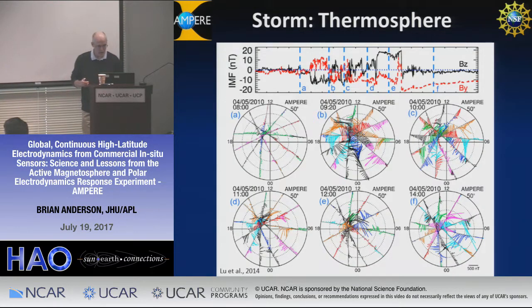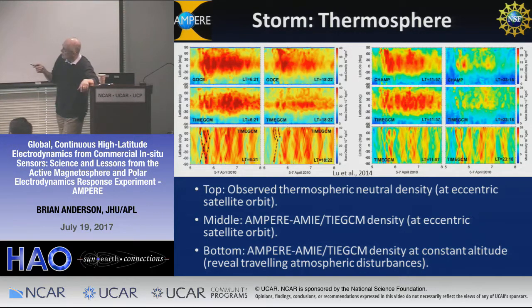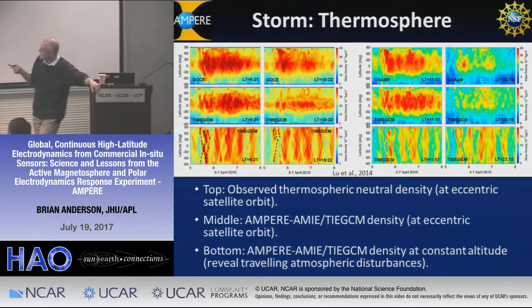This is some work that Gang Lu did, where she was taking the AMPERE data and then assimilating it into AMI for this geomagnetic storm, which is April 4-5, 2010, I believe, or 5-6, 2010. The really cool thing about this, and sorry I'm skipping over this, is that she actually ran the thermosphere models for this and compared the densities actually observed on the GOCE and the CHAMP satellites with the simulations using the AMI inversions that included AMPERE.